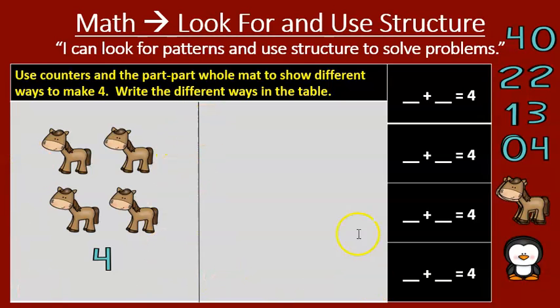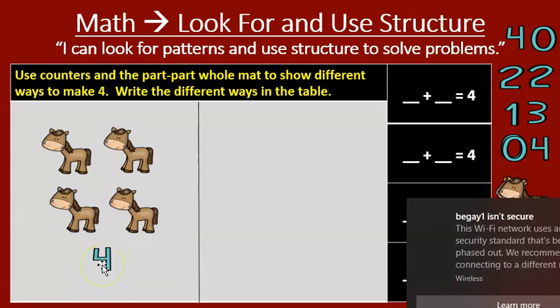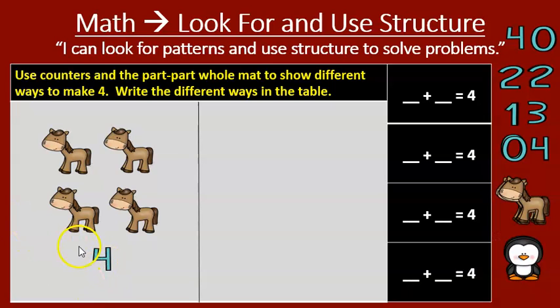Now we come to this side. Now boys and girls, look. Our numbers have to equal 4. Therefore, we have already number 4 here. Now, since I already have 4 here, do I have to insert any penguins here?